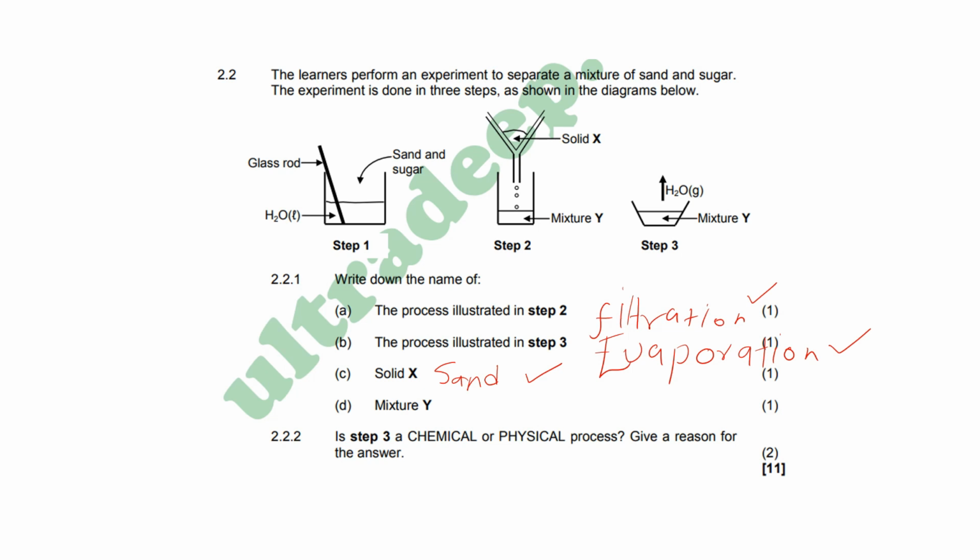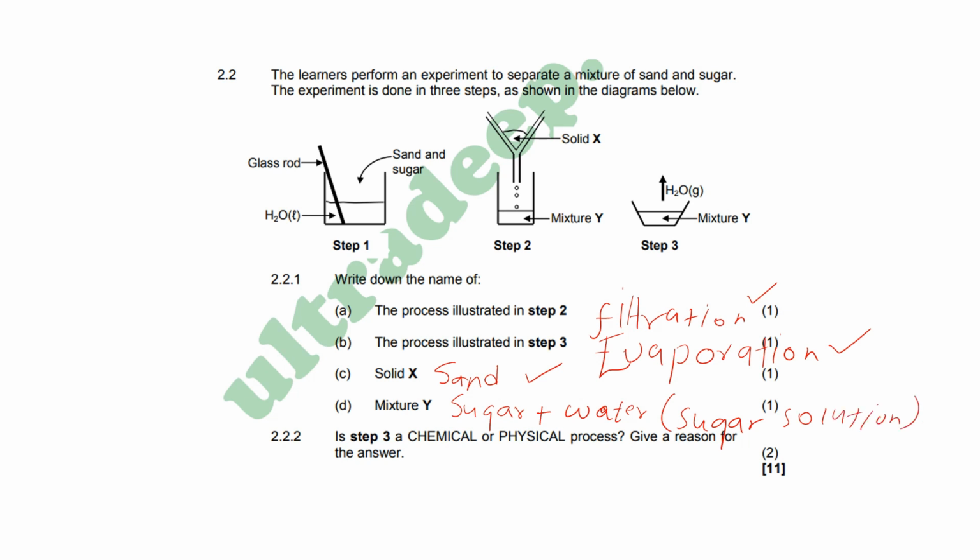I said that mixture Y is sugar plus water. And we saw this ourselves. It's sugar plus water because the sugar would have dissolved in the water, right? So if you write sugar plus water or a sugar solution, you would get a mark.